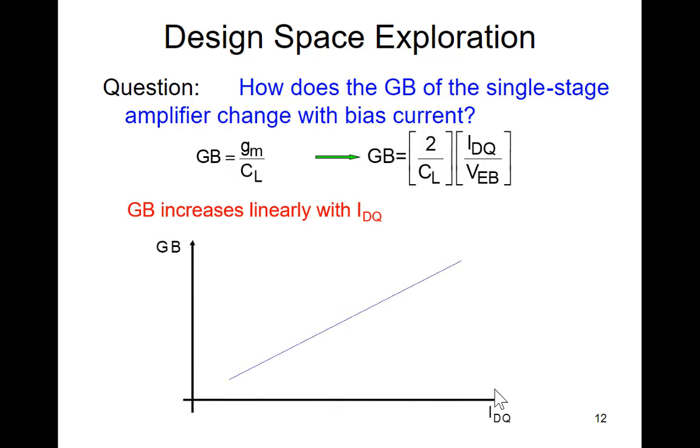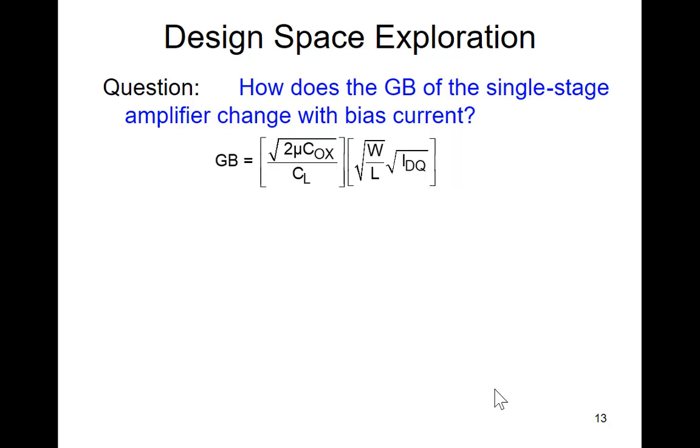Here's that relationship. I can also write GM in this form: the square root of 2 mu Cox W over L times the square root of IDQ. And now I ask the same question. How does GB vary with bias current?